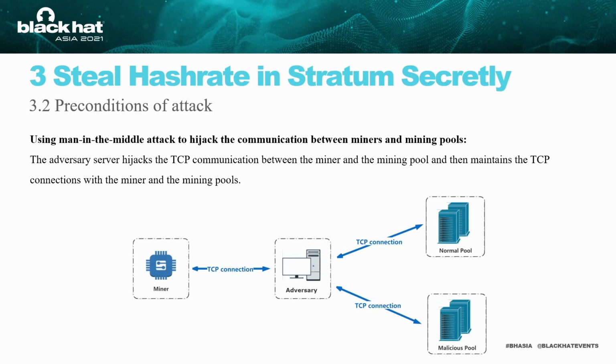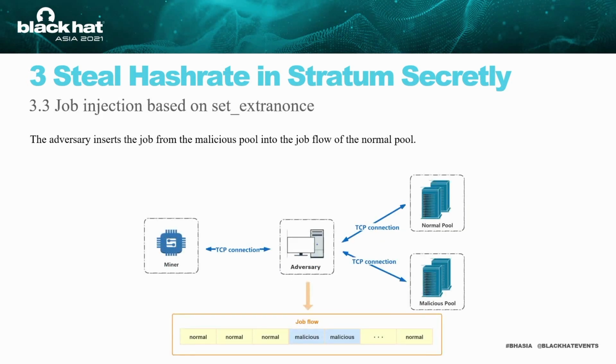But for the man-in-the-middle model, the adversary keeps three connections with the miner, the normal pool, and the malicious pool. The adversary inserts the job from the malicious pool into the job flow of the normal pool. The miner will work for the normal pool and our malicious pool.